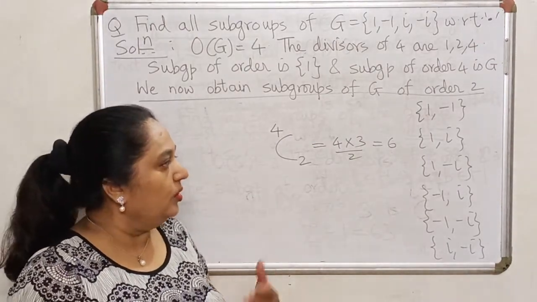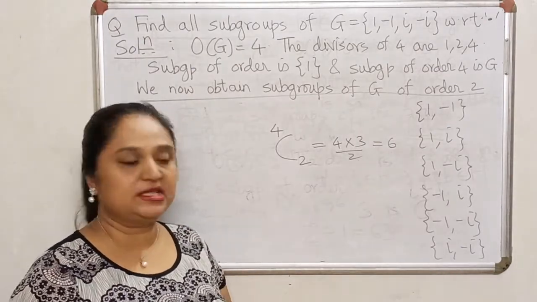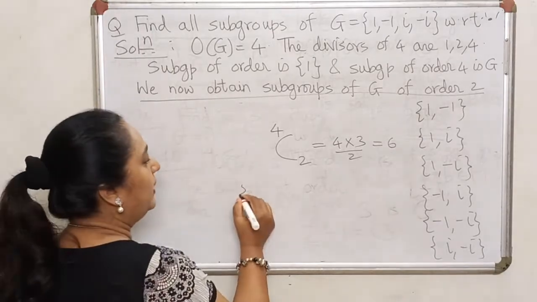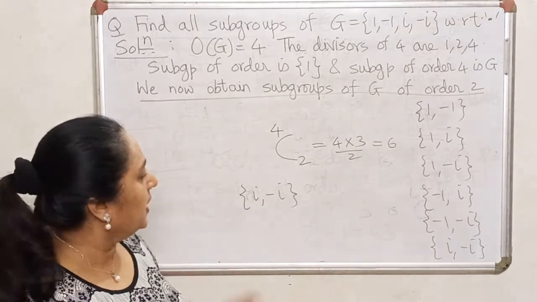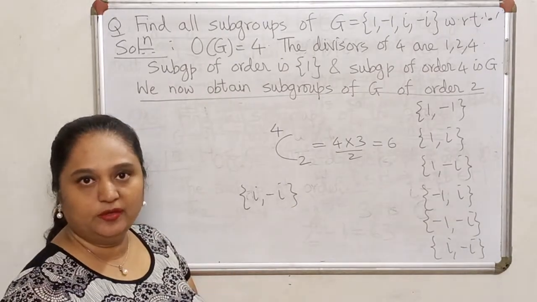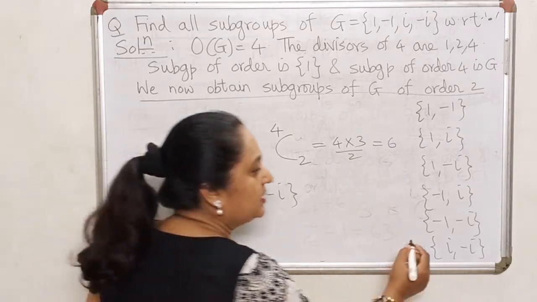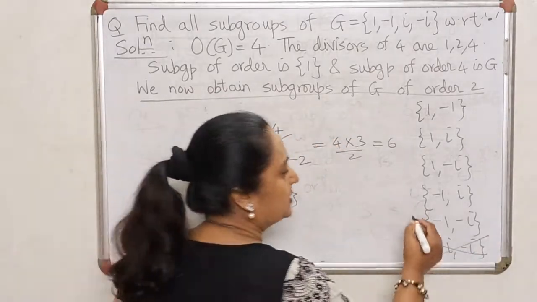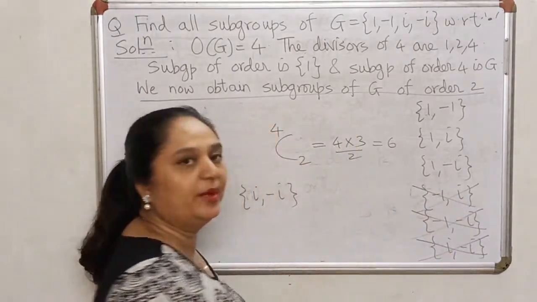But if you look at it, straight away you can reject some of the subsets. For example, why do you think this will not become a subgroup? At a glance, quickly. This will never become a subgroup for the simple reason that it does not have the identity. For the same reason, this will never be a subgroup. And this will never be a subgroup.